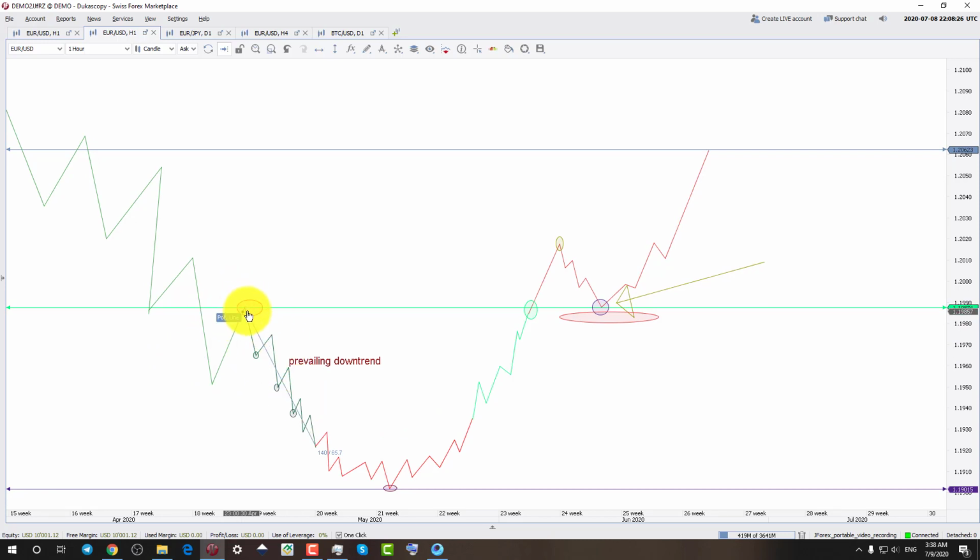This is your first instance. From the reaction high till the low is the period of decline, and from the low till the price reaches this reaction high again is called the advance. From here till here is decline, from here till here is advance.